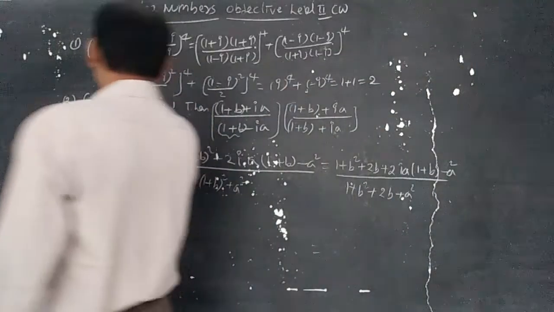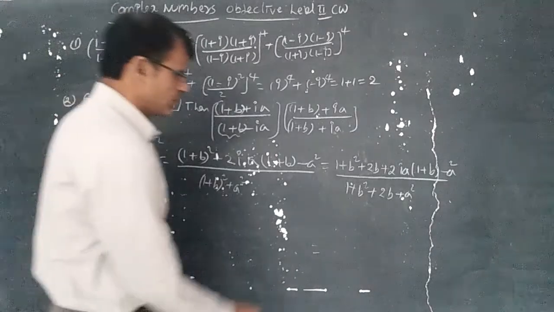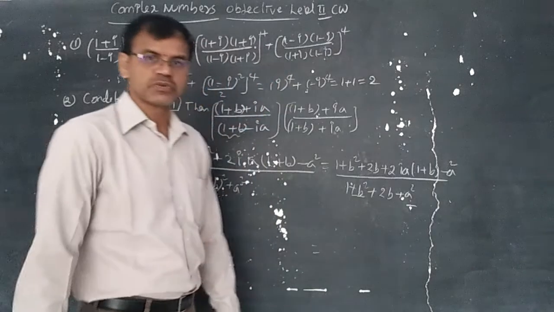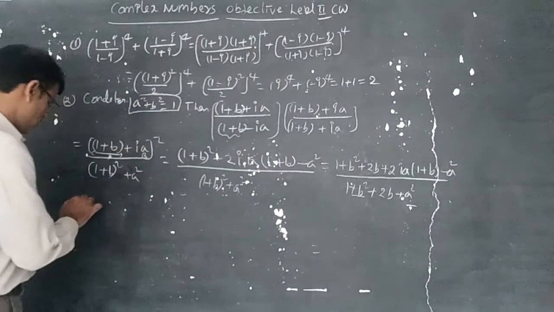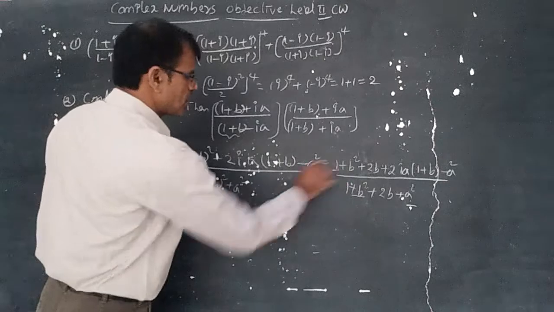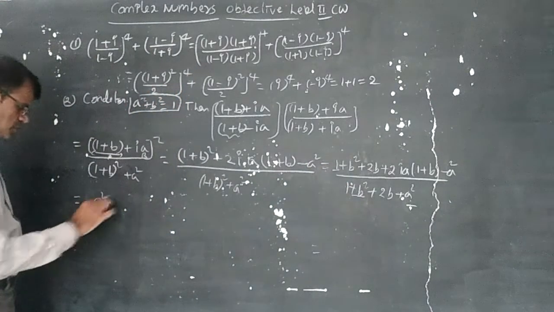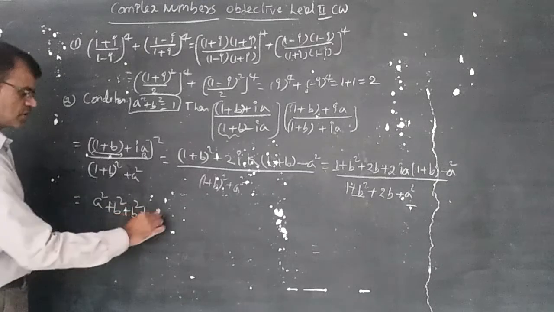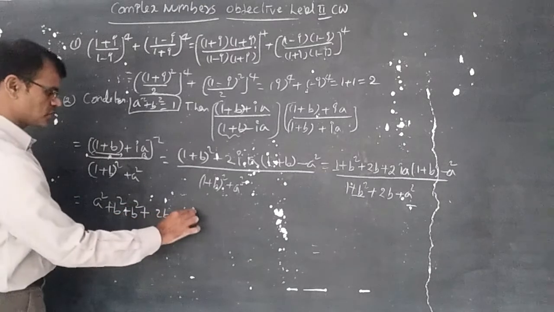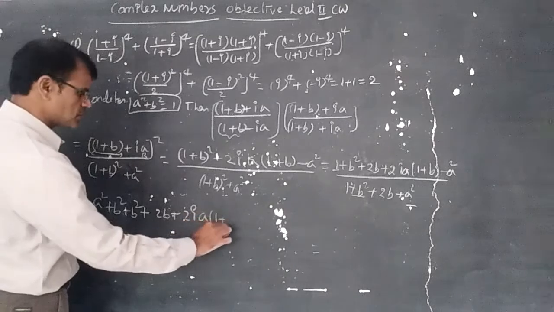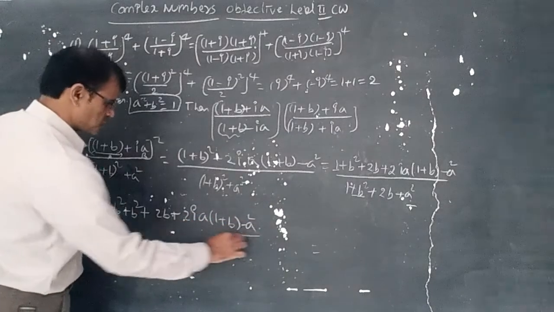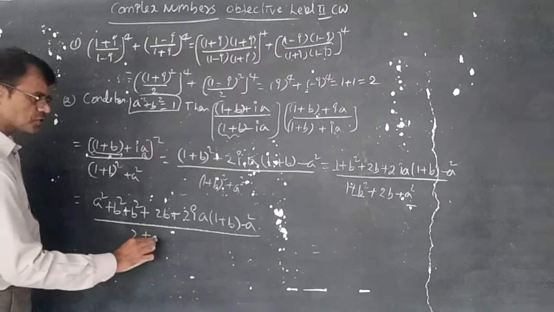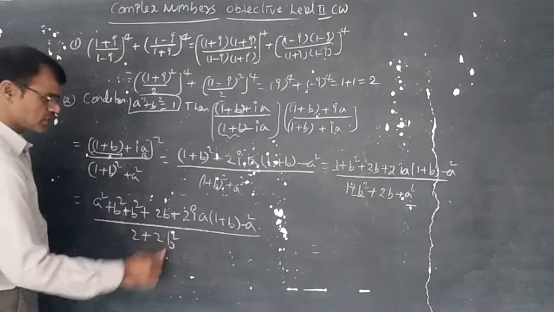Given condition is a square plus b square is equal to 1. Here b square and a square, right, understand? So next step I am writing, instead of 1 I am writing a square plus b square. a square plus b square plus b square is there, plus 2b plus 2ia into (1 plus b) minus a square, whole by 1 plus b square plus a square becomes 2, because a square plus b square is 1.